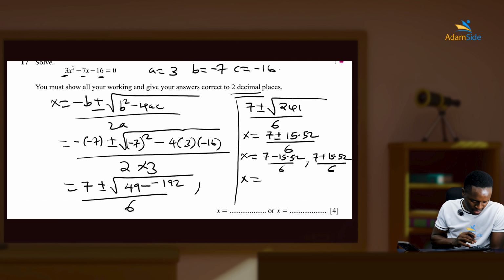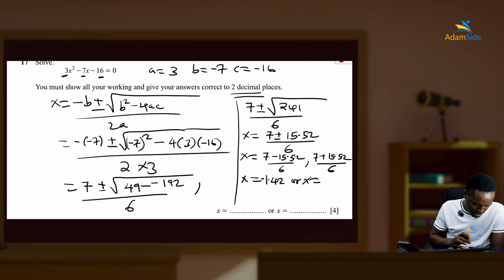Therefore x is, so 7 minus the answer, divided by 6. What do you get? You end up getting negative 1.42, or x is 7 plus 15.52 divided by 6.